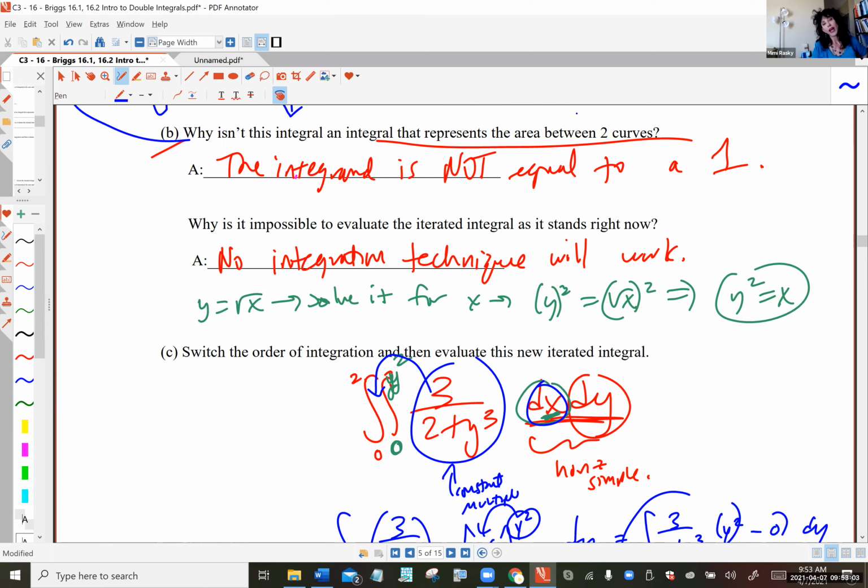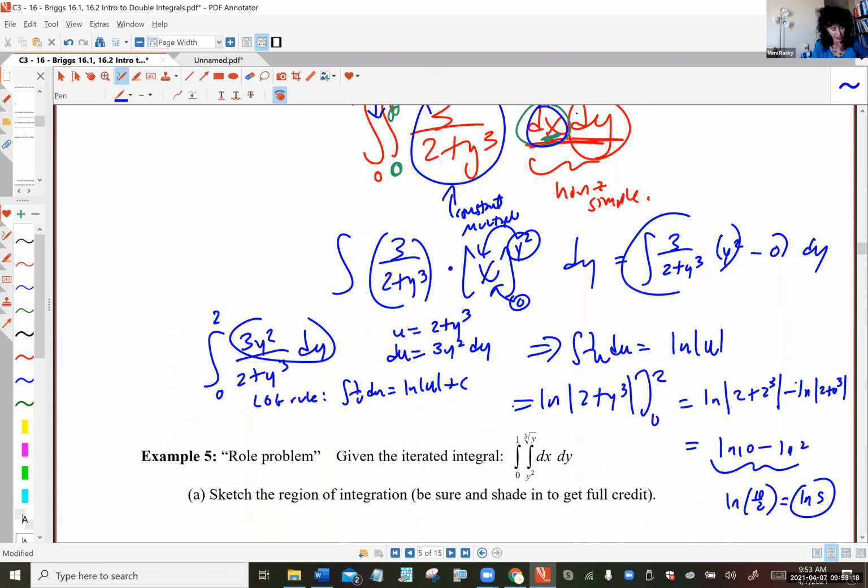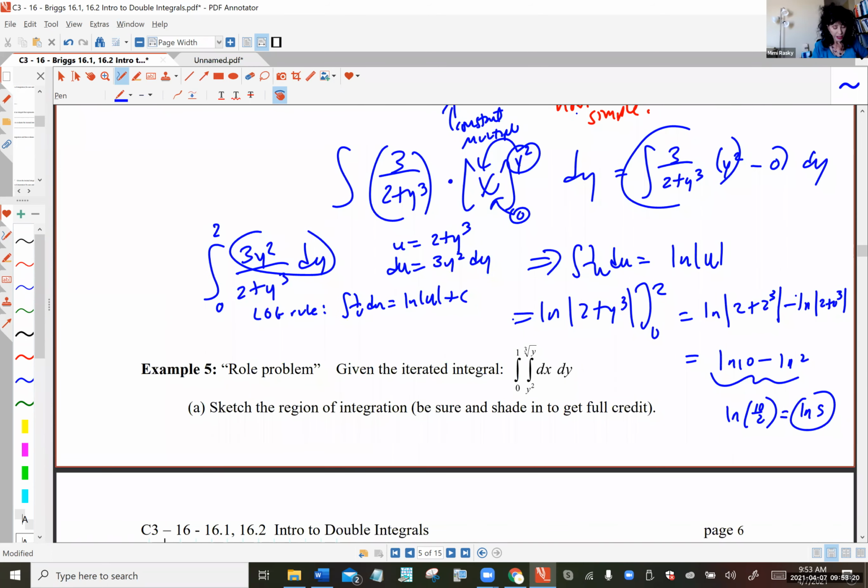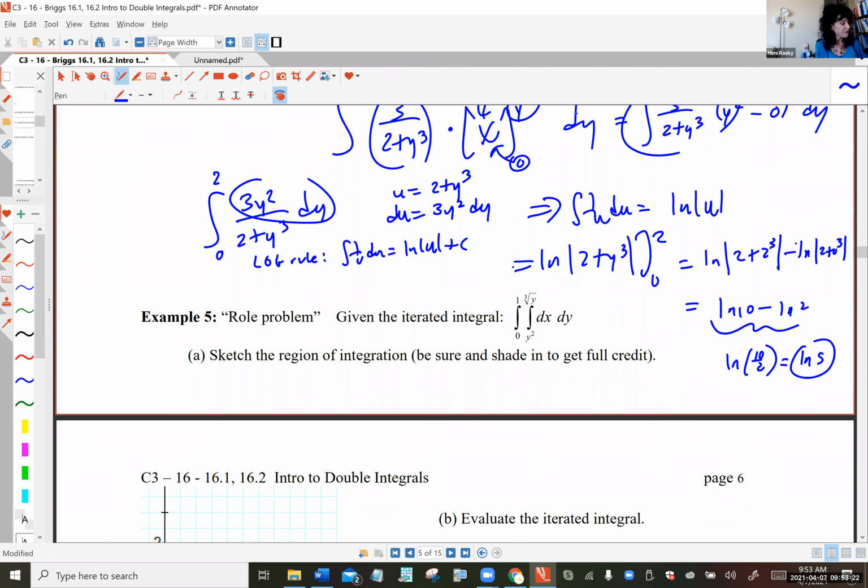Bummer. That's why I need you to learn how to switch the order of integration, because a lot of times you're going to run into integrals that are not integrable right off the bat until you switch the order. And then it's like, yay, now it's integrable, fantastic, and then you finish it out. That's one of the reasons why you want to get this skill for yourself.